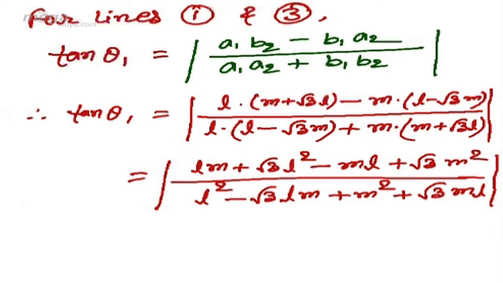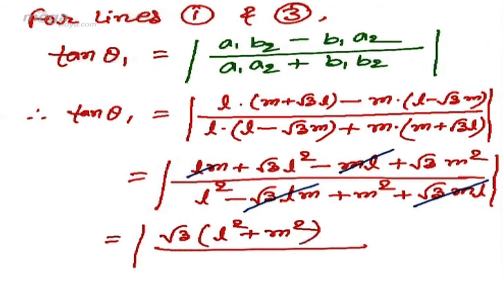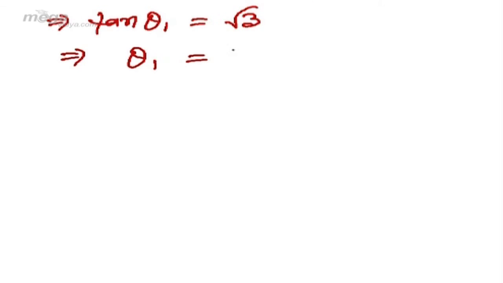So this root 3 Ml and this root 3 Lm cancel, this Ml and this Lm cancel, and finally you will get root 3 into L square plus M square divided by L square plus M square, and then again L square plus M square get cancelled, and you get tan theta 1 is equal to root 3. It means theta 1 is pi by 3. One angle is pi by 3.